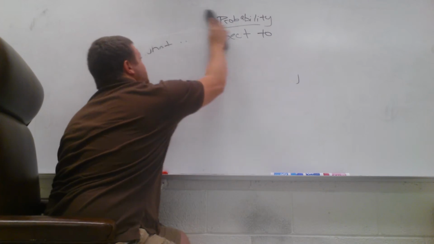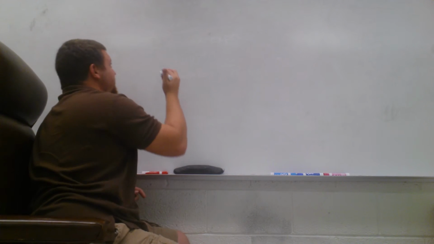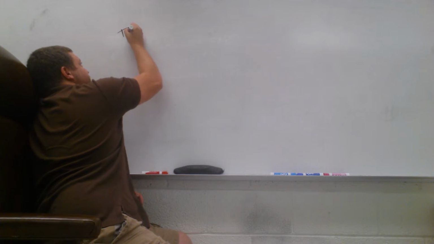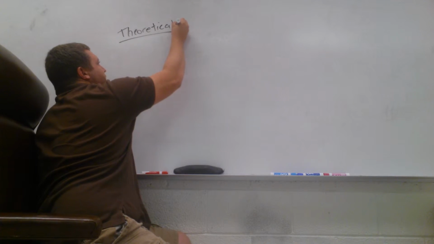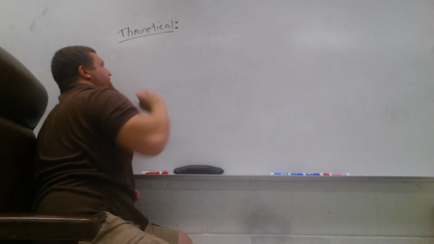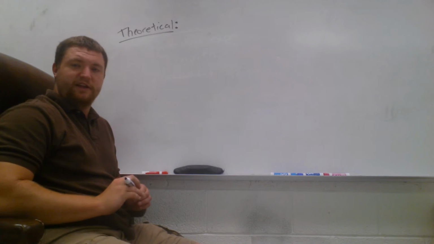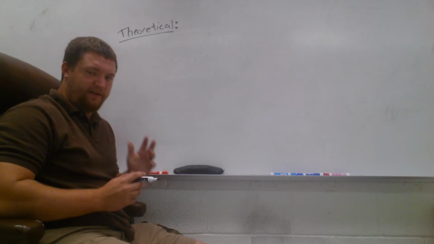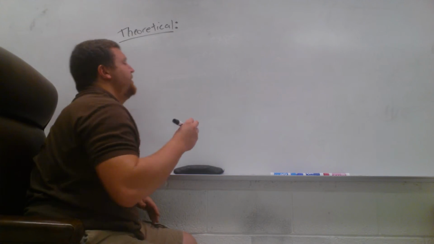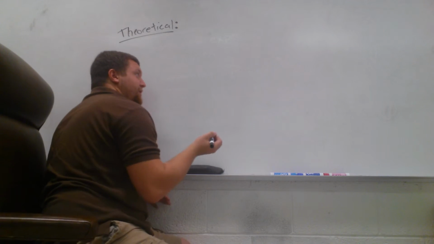So, the theoretical probability. Let's say I flip this coin 10 times. If I have a 1 in 2 chance of getting heads, how many heads should I get if I flip it 10 times? 5. So you have 5 heads, 5 tails. Doesn't matter the order I write them, because I can't really guess the order.